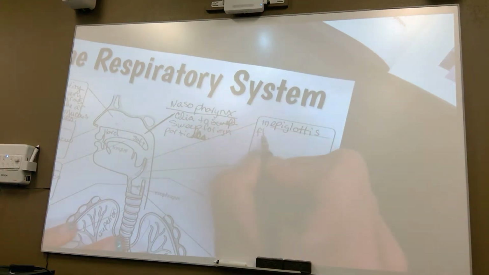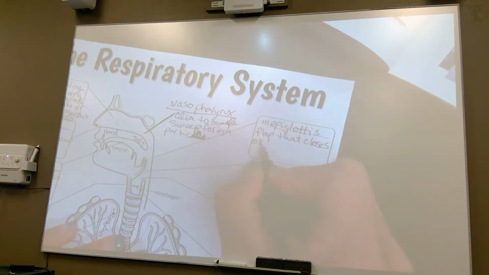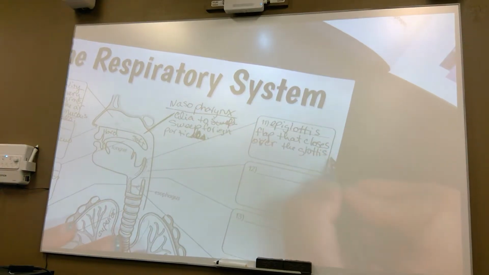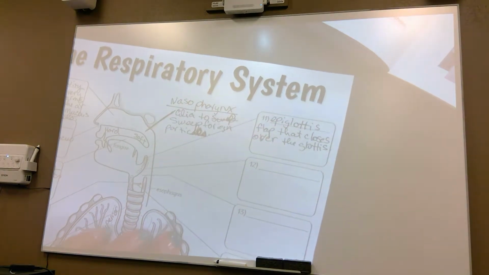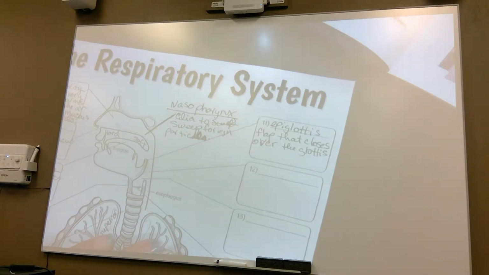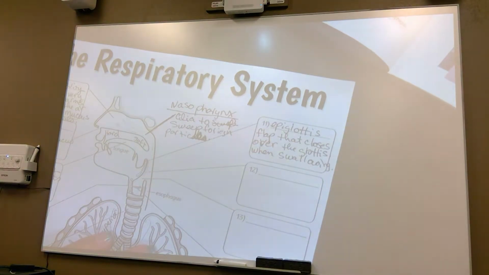It's the flap that closes over the glottis, because it's just above it. It's right upon the glottis. It flaps over and closes over the glottis when swallowing. So it protects our airway.